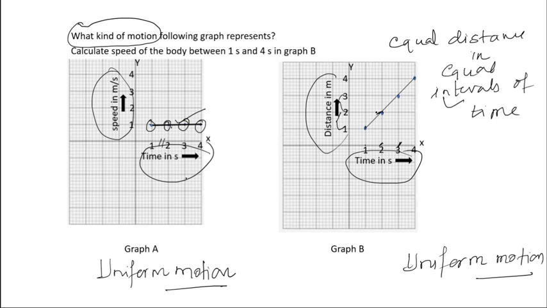Therefore you will immediately understand this is the graph of uniform motion, and this is also of uniform motion. However, they are different because they are drawn for different values of distance and speed, right?